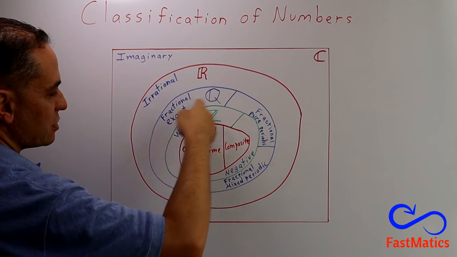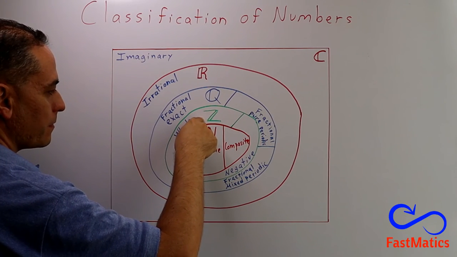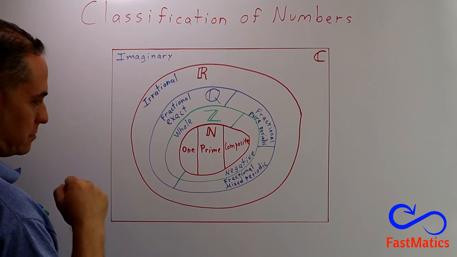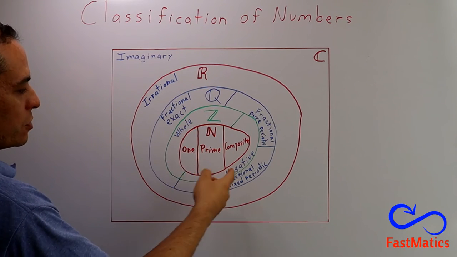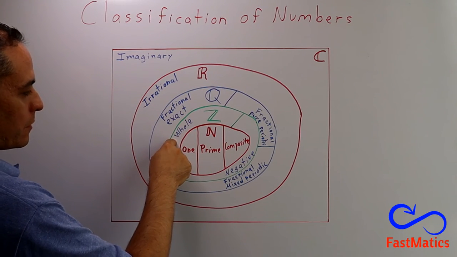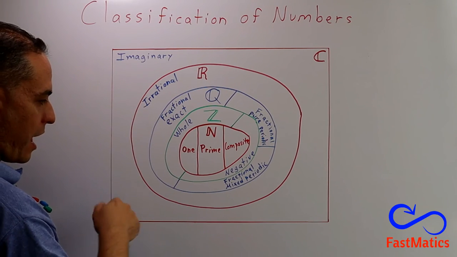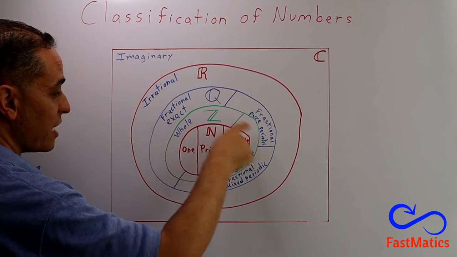Into the integer set represented with a Z, because in German you write Zahlen, that means number, you have the whole numbers, the positives with the 0, and the negative numbers. And into that you have the natural numbers.